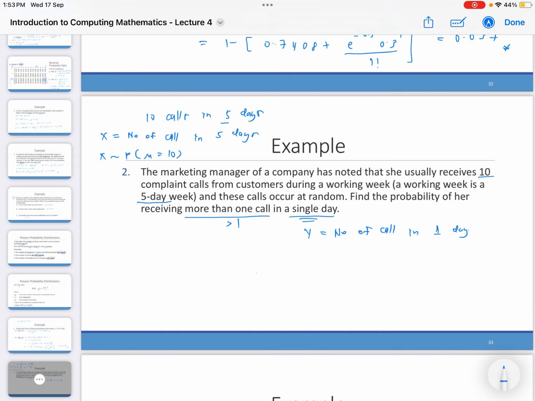If in 5 days she received 10 calls, then in a day she only received 10 divided by 5, so 2 calls in a day. So we can say Y is a Poisson distribution with the mean equals 2.